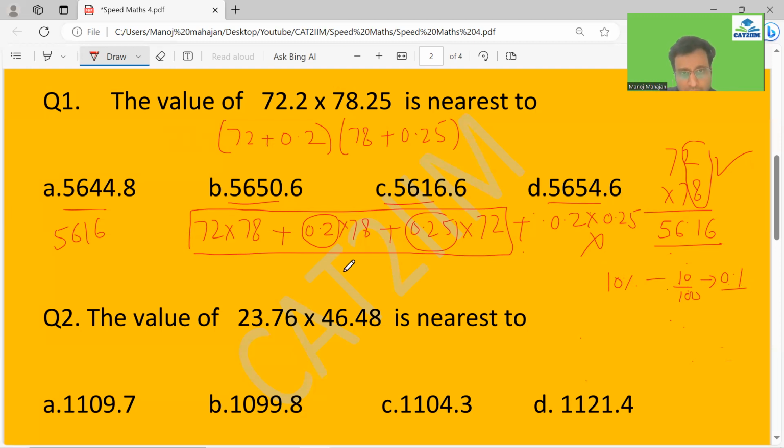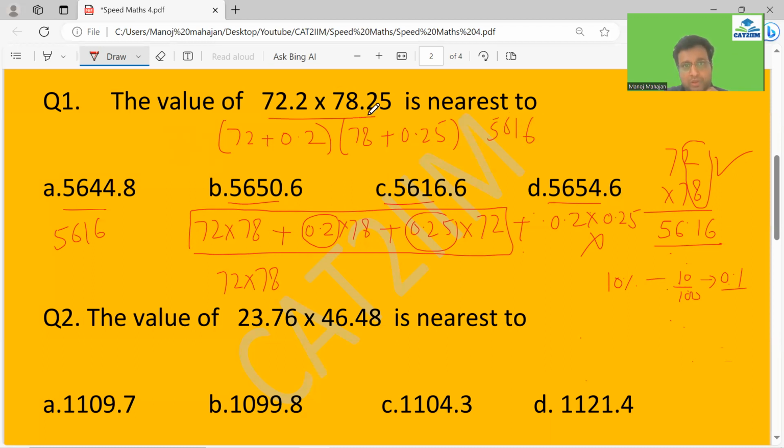So what we can look at is, remember, 0.2 we have. So rather than multiplying like this, we're not going to multiply like this in the next problems. So what we are going to look at, 72 into 78, of course, we have to calculate. 0.2, I'm going to look at 20%. 20% is what? 1 by 5. So what I'm going to look at, 5616, correct?